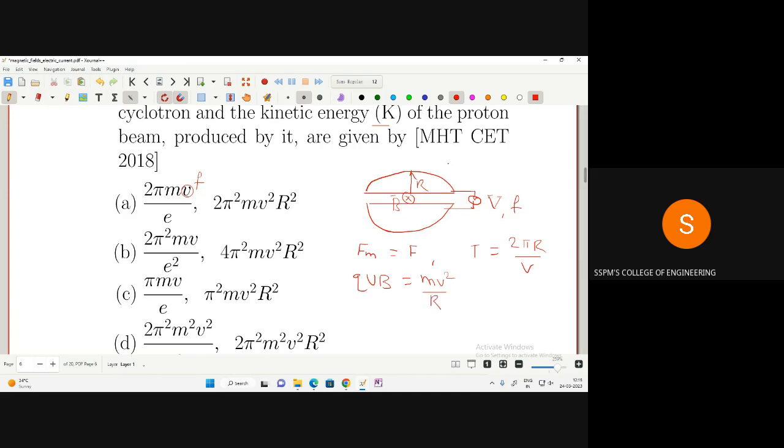Using these two equations, you find out T.